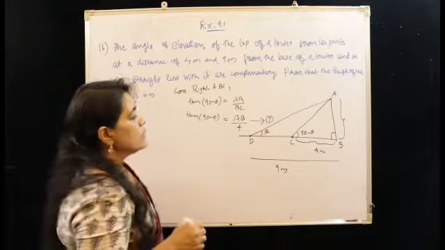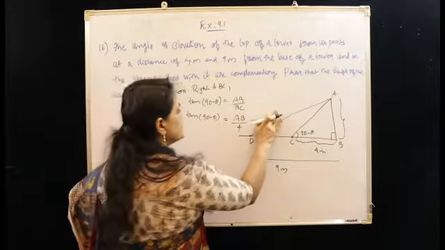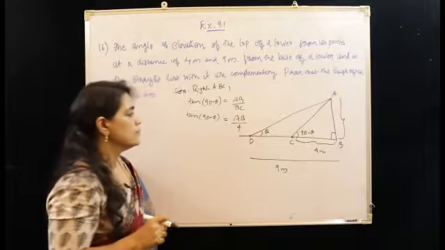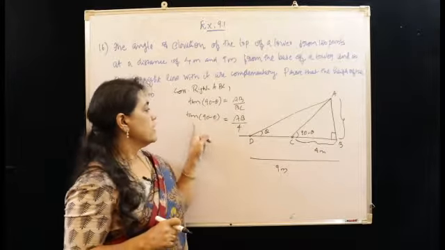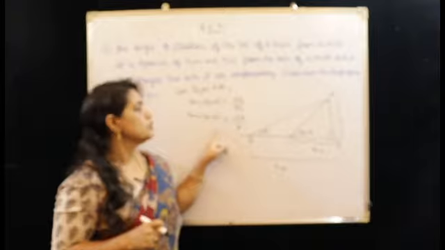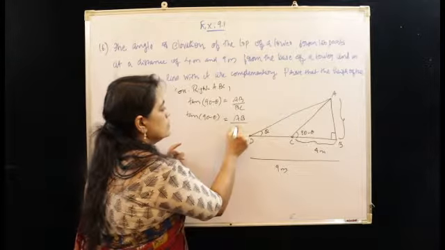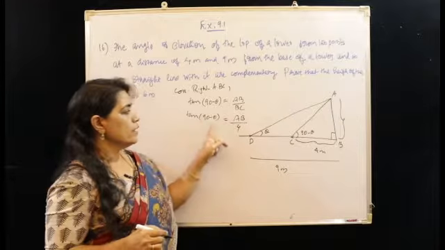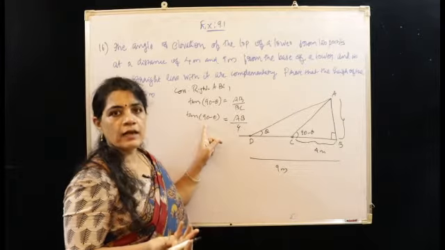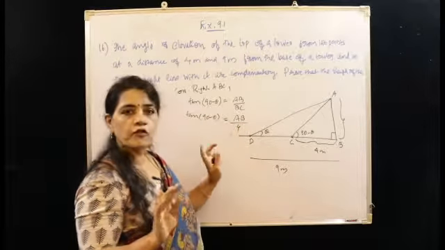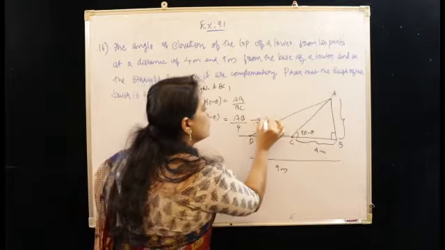So tan of 90 minus theta equals AB by 4. Let it be equation number 1.